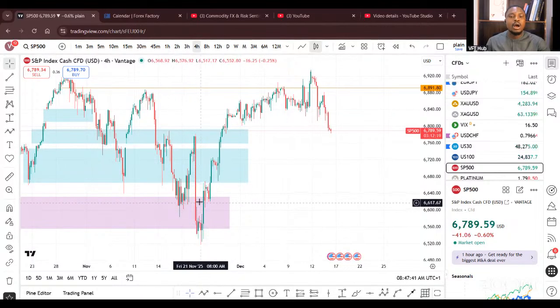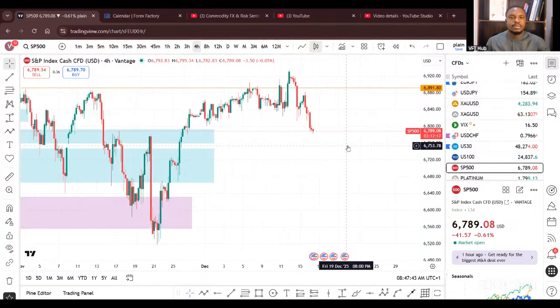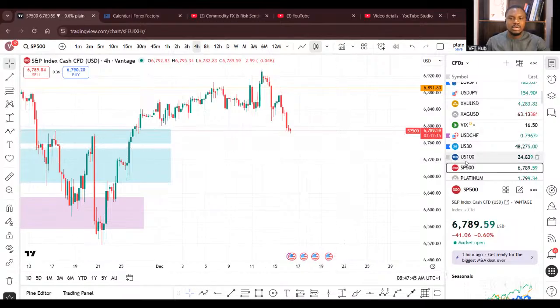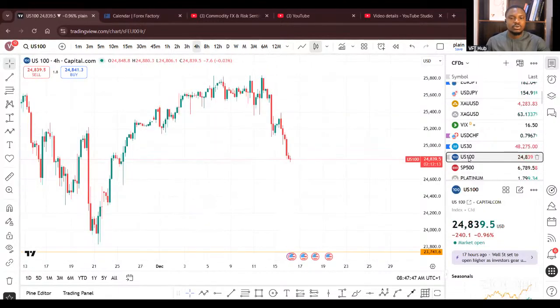But for now, I'll be looking forward to selling this market. That's what I'll be looking forward to do this morning. All things being equal, if price gets back into this zone, I will definitely sell it. All right, so that's pretty much what we have going on this morning.